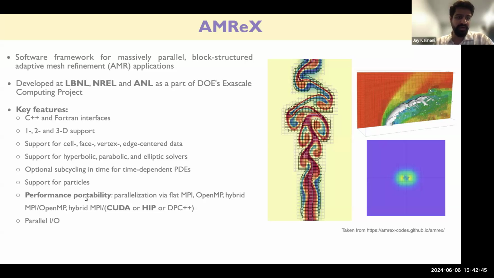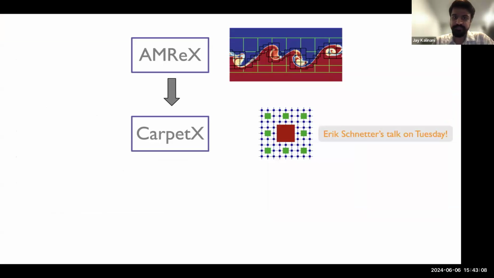And a more important part is performance portability. It is compatible with different kinds of architectures: on CPUs, if you want to do MPI or hybrid MPI/OpenMP, or on GPU architectures employing CUDA or HIP compilers.